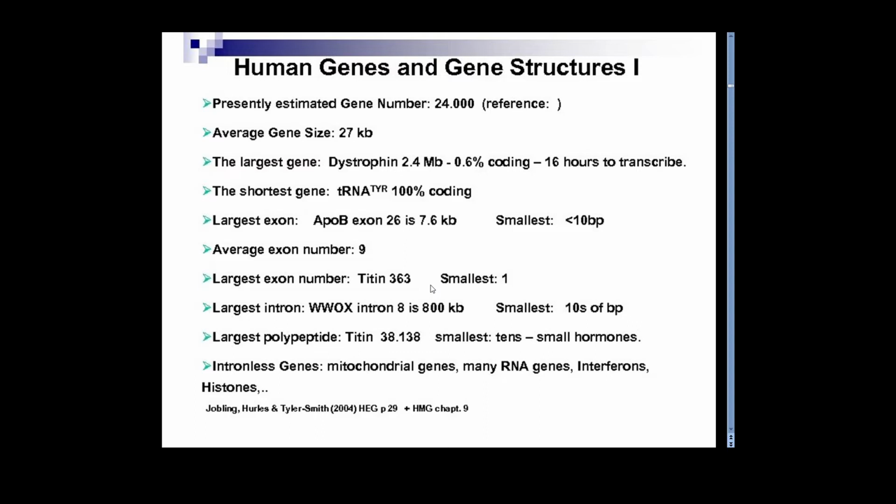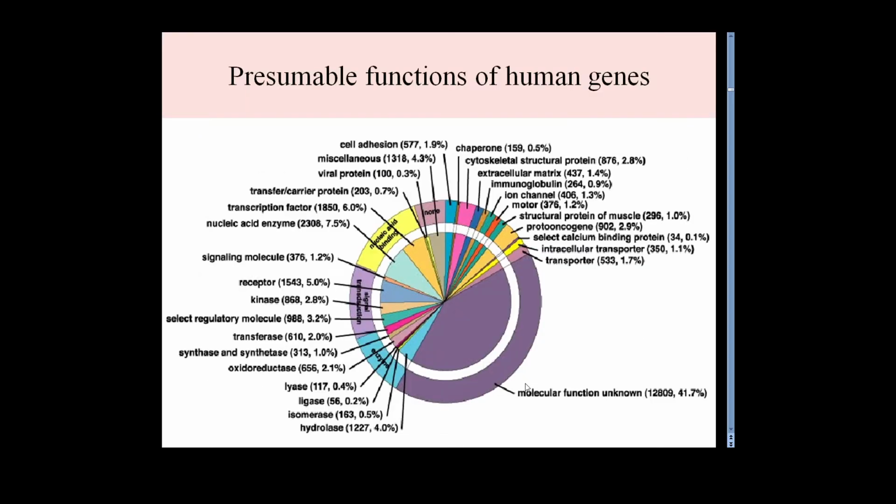Mutations can also be frequent. Largest introns are up to 1 million. And the largest polypeptide is titin. And genes without introns are mitochondrial genes, RNA genes, and interferons. Again, a picture of different groups of genes which code different groups of proteins.